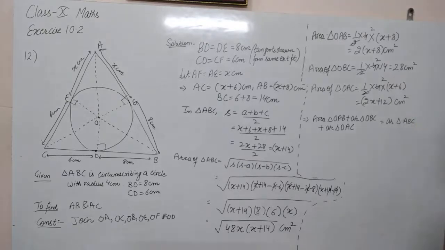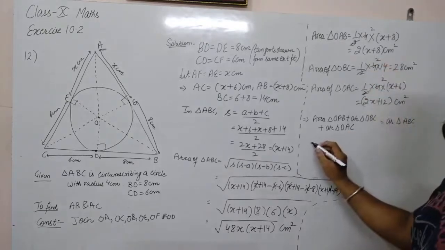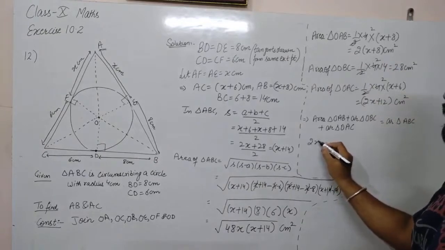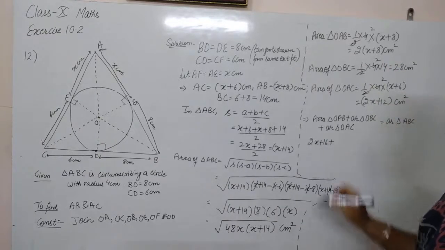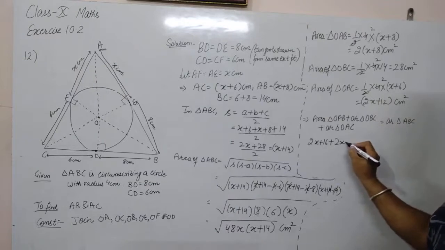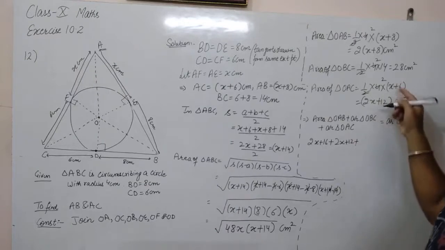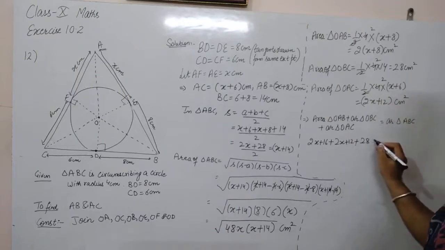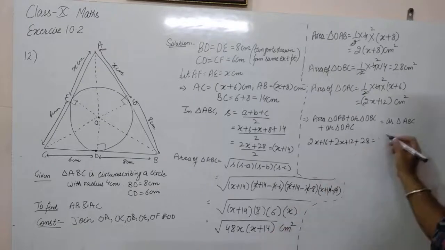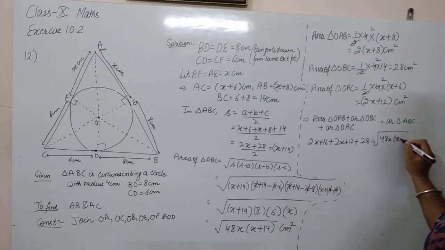So putting the values here, this will be 2x plus 16, this will be 2x plus 12, and this will be 28. This will be equal to this part, root of 48x into (x plus 14).